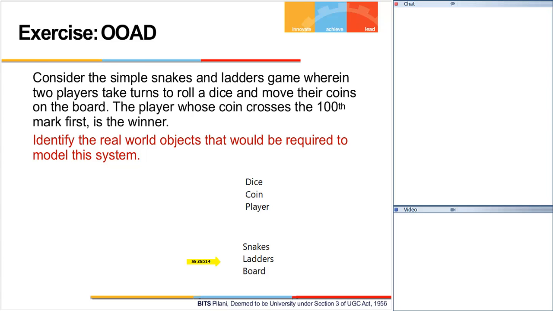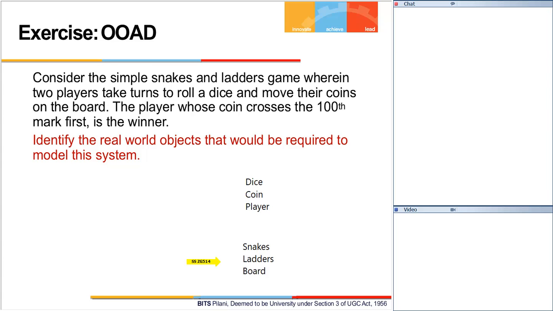Because when I'm saying I will implement the board in the form of an array and pointers, then why should I need snakes and ladders? I don't need them in this case to be domain objects, right? That kind of a question is very right.